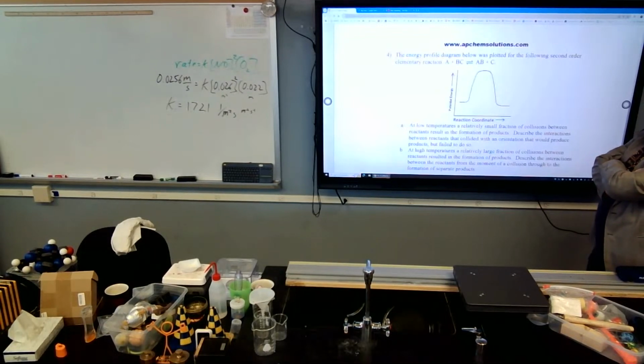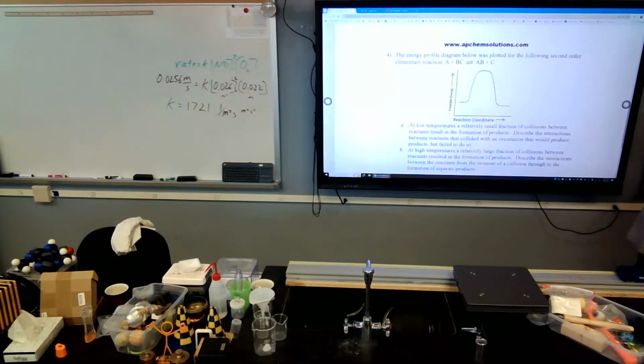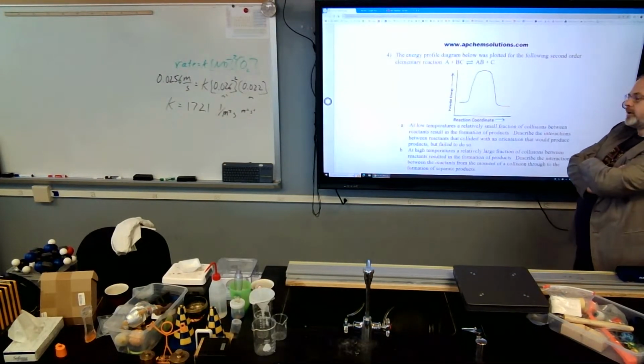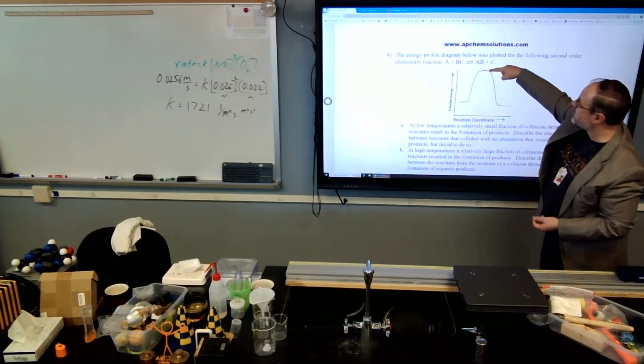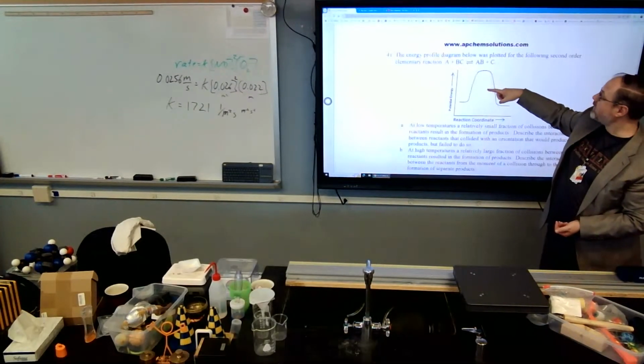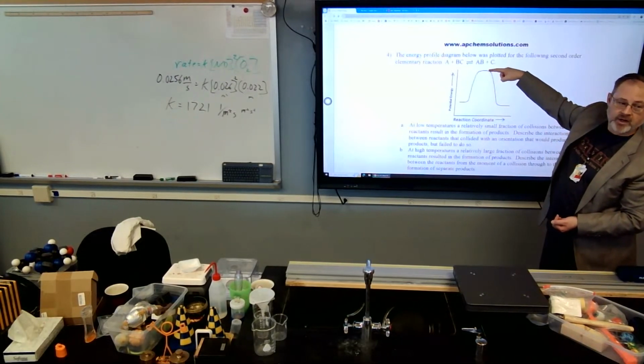They had the proper orientation, but they didn't have a favorable collision. Why? They didn't have enough energy. Exactly right. They were not carrying enough activation energy to overcome the energy barrier.